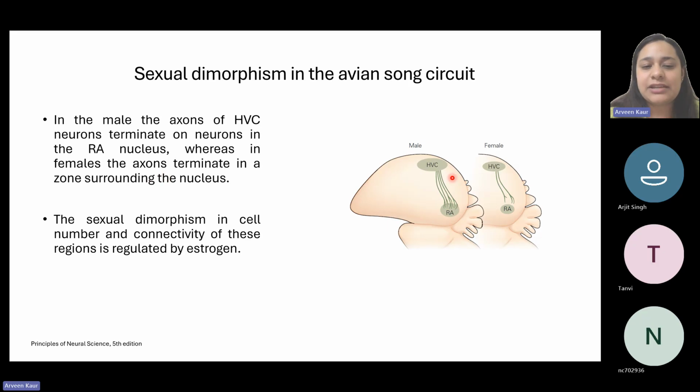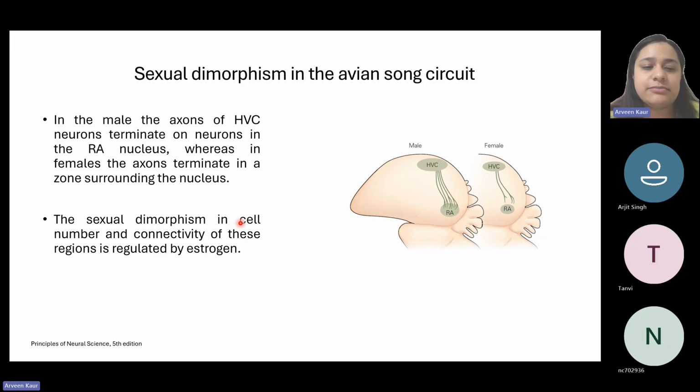Whereas in the female, the axons terminate in a zone surrounding the nucleus. It is not entering the RA nucleus, it is only in the zone surrounding the nucleus. So just by this, what can you guess? In the songbird, the males might be the ones responsible for the production of the song, right? Not the females, maybe, right?